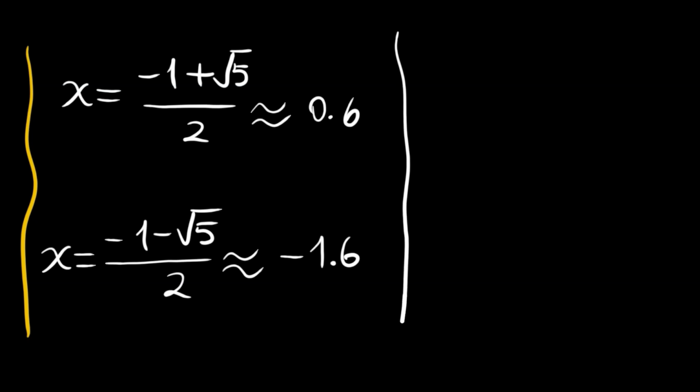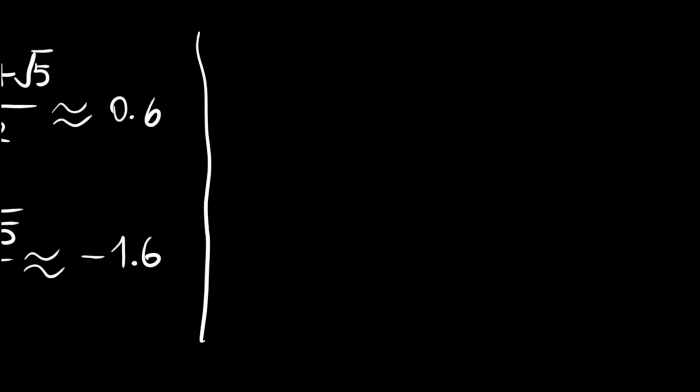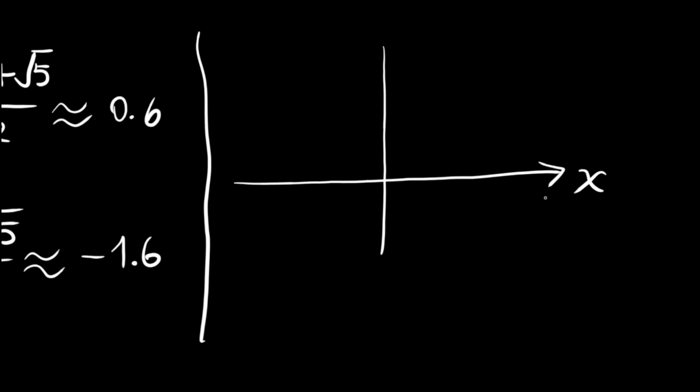Let me show you the graph, and you see what happens. This is x and y, we have square root of x plus 2, which begins at x is equal to -2, and at 0 it is root 2, something like that.